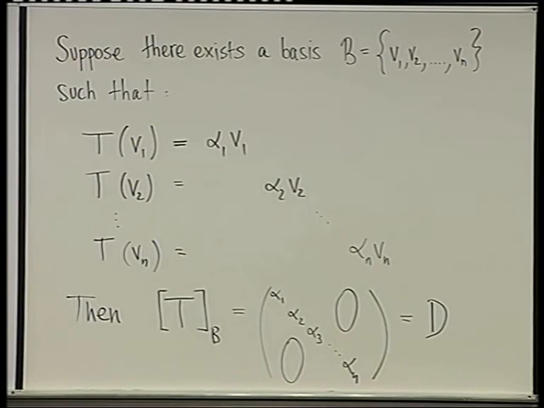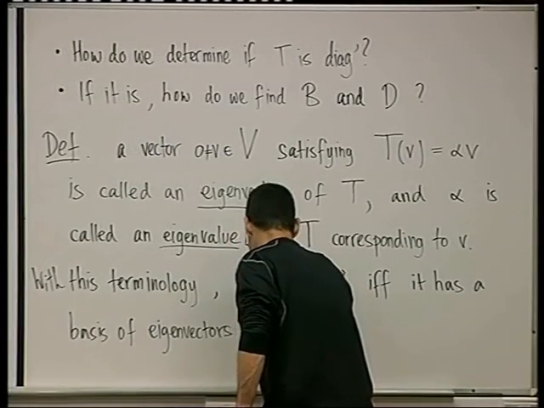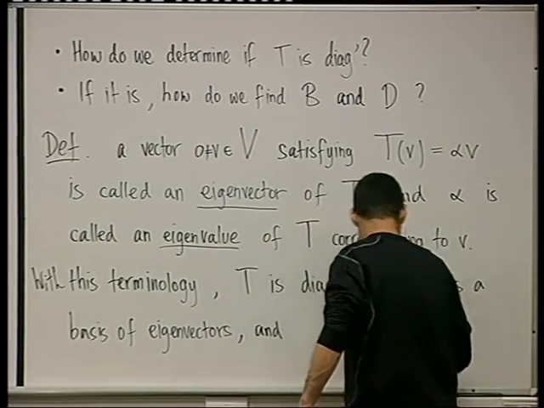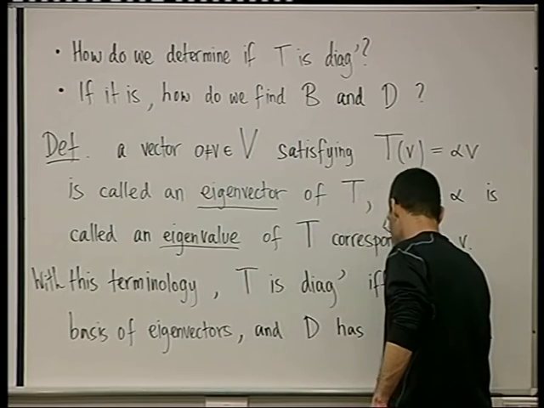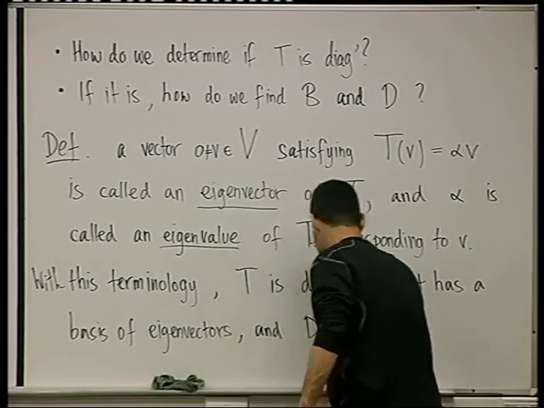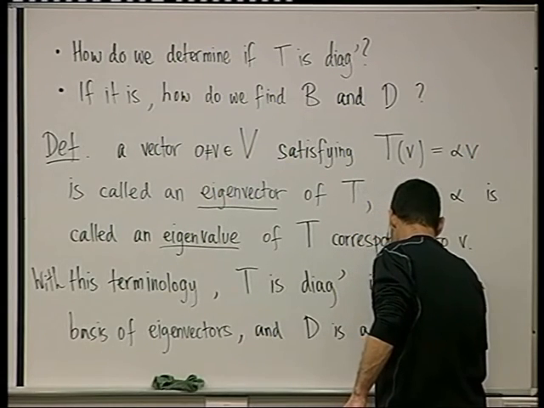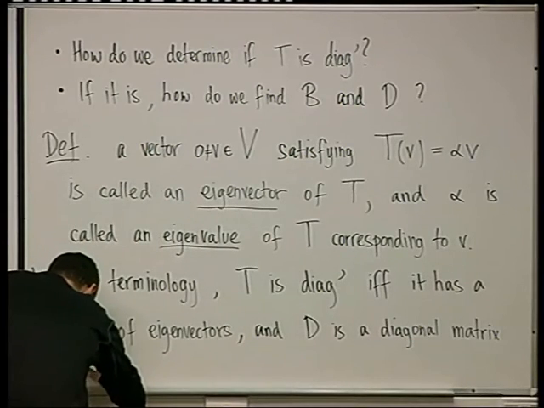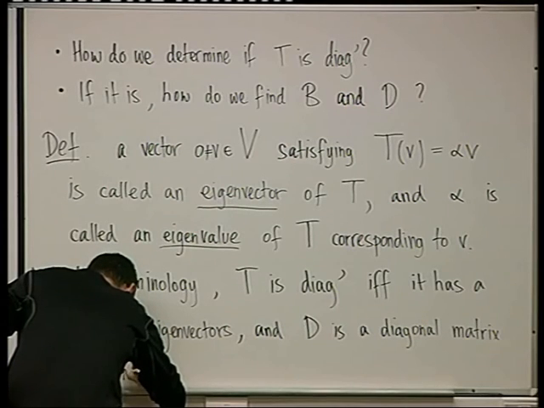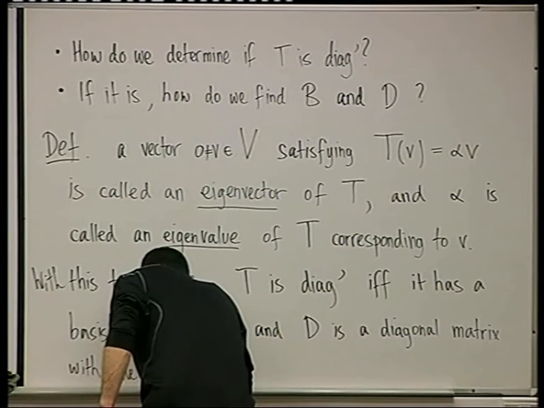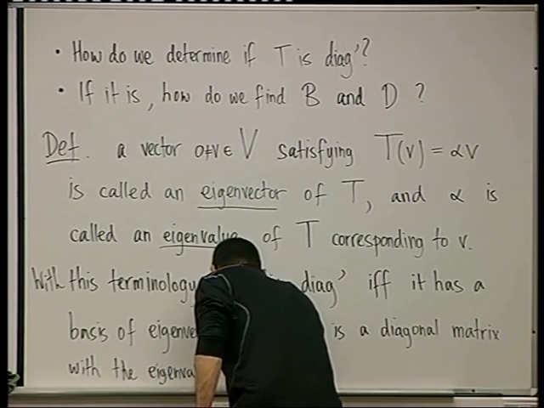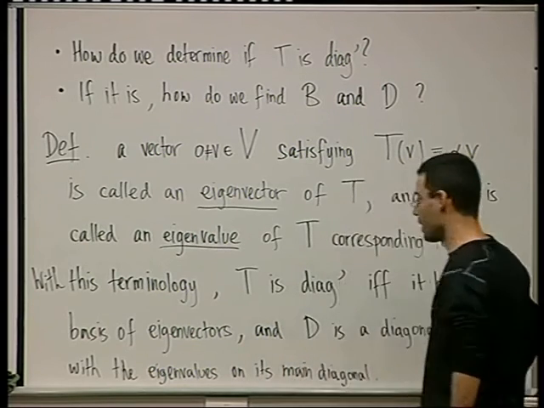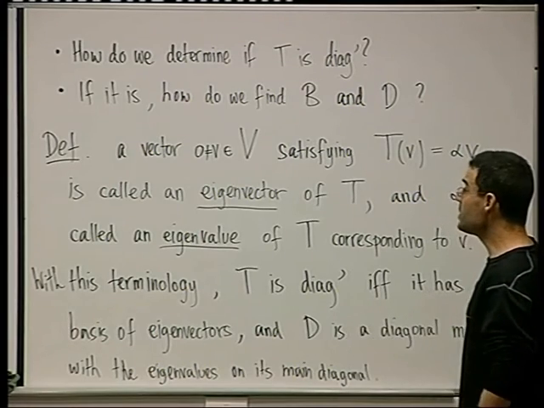With this terminology, T is diagonalizable if it has a basis of eigenvectors, and the diagonal matrix D is a diagonal matrix with the eigenvalues on its main diagonal. Good? Okay.